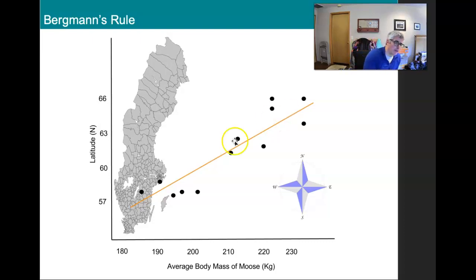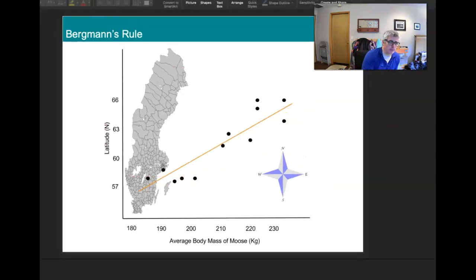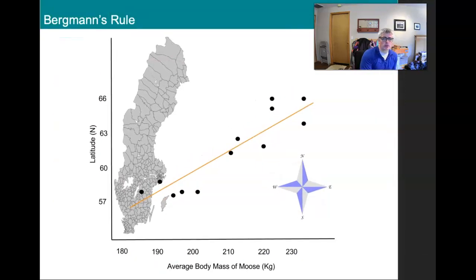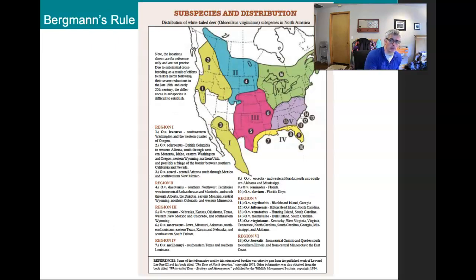Now with any of these so-and-so person rules, there's always arguments, and there's some arguments around Bergmann's rule. And there's arguments about what I'm about to say, but I think it does hold. This is a map of the distribution of white-tailed deer. White-tailed deer is the largest game species of deer in this country.